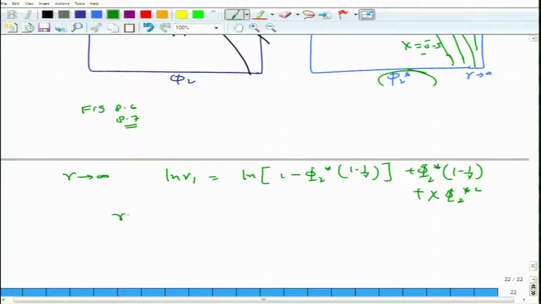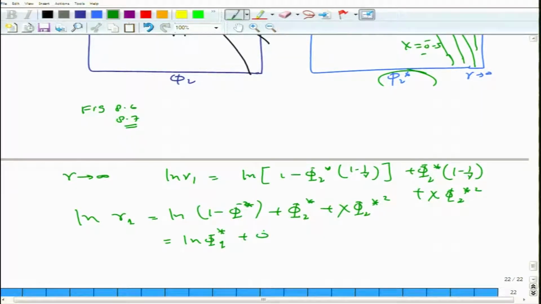In this case r is infinity, then you have ln gamma 1 is ln of 1 minus phi 2 star, plus phi 2 star, plus chi phi 2 star squared. Now, this further can be simplified, and I can write this as ln phi 1 plus phi 2 plus chi phi 2 squared.